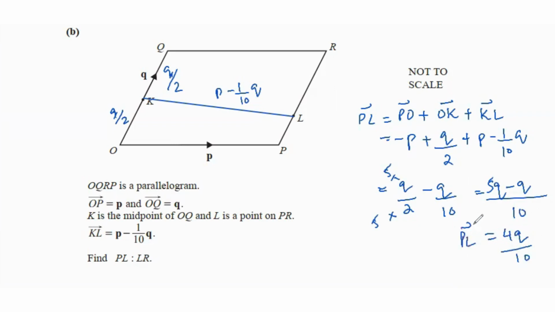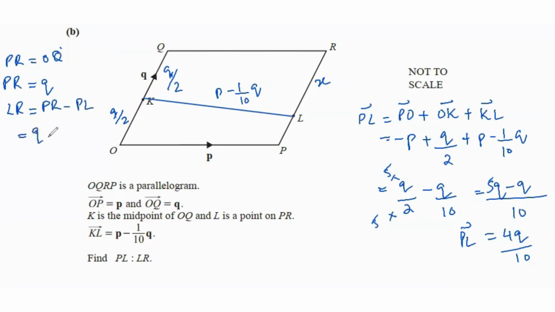That is our PL. Now to find LR, we know PR is the same as OQ because it's a parallelogram. So PR is also equal to Q. And if we need to find LR, we can do PR minus PL.